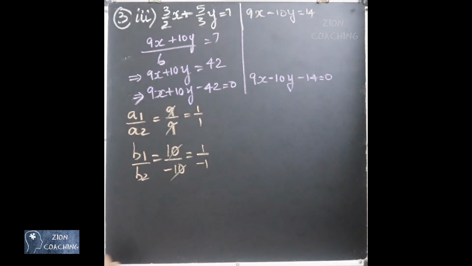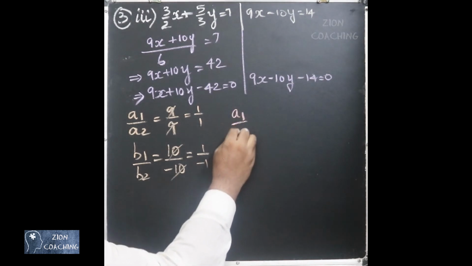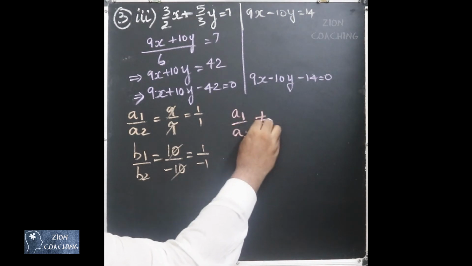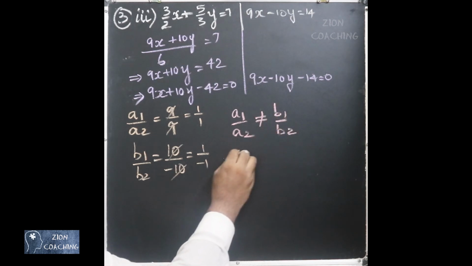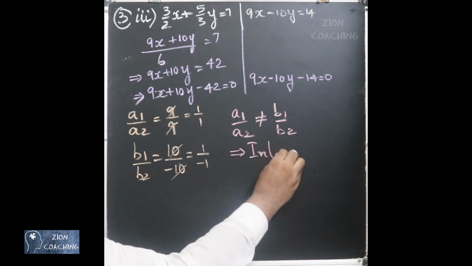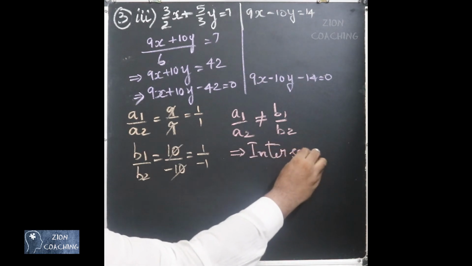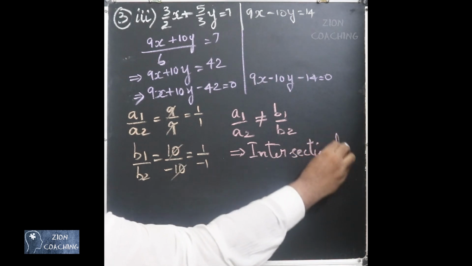So you can see that a1 by a2 is not equal to b1 by b2. That is, they are representing intersecting lines. This is the condition for intersecting lines.